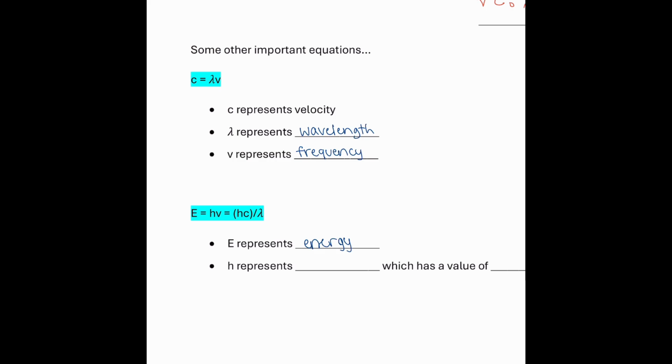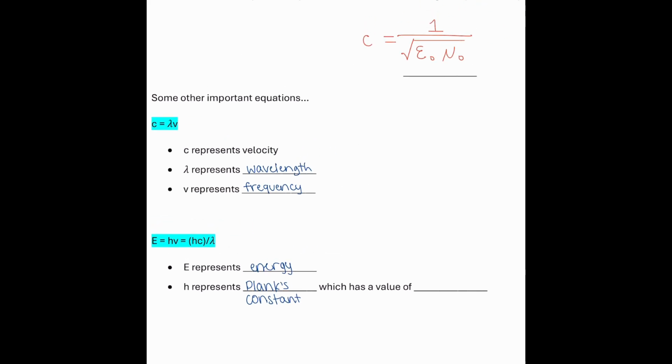It's called Planck's constant. I'd say that's a pretty important one for this unit, and so you do want to know the value of that, which is 6.63 times 10 to the negative 34 joule seconds.